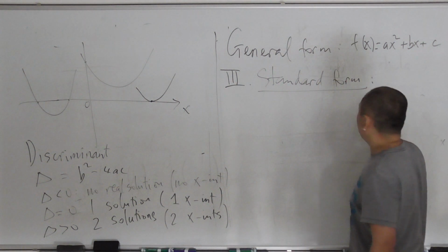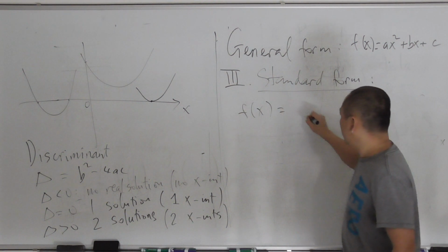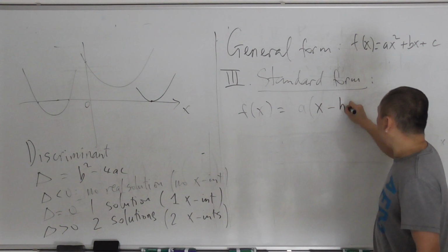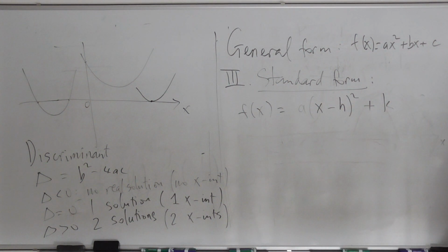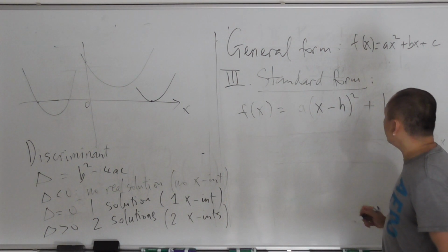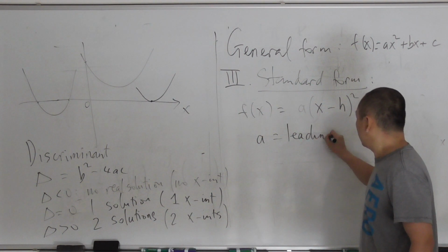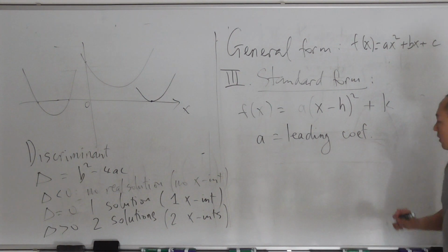The standard form of a quadratic equation will look like this: f of x is equal to a times x minus h squared plus k. And here a is the same as the a in the general form, the leading coefficient, and it satisfies the same condition.